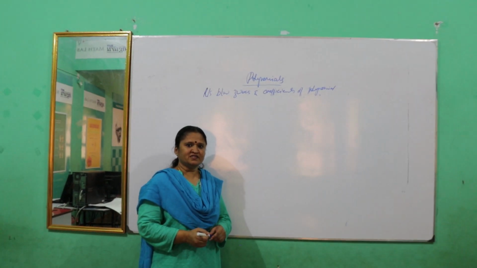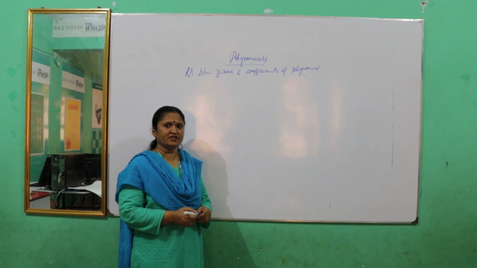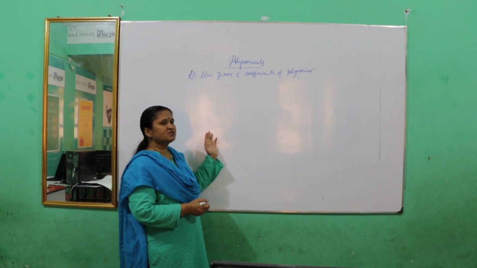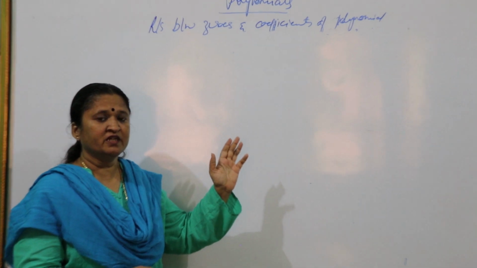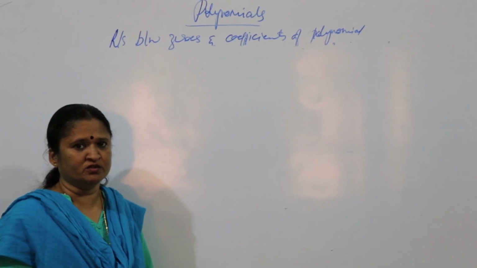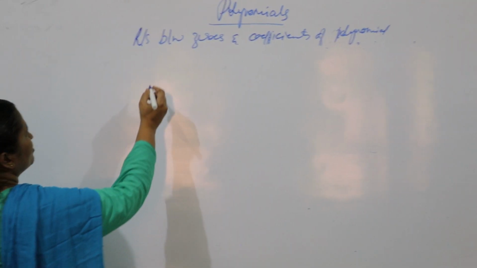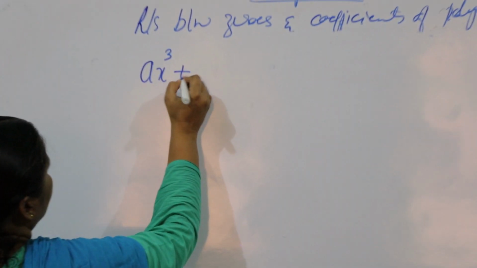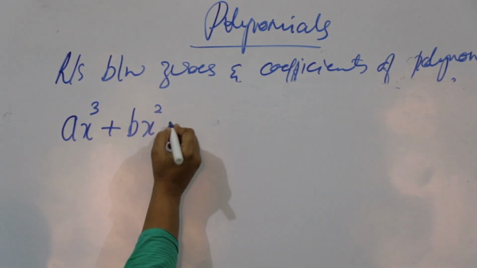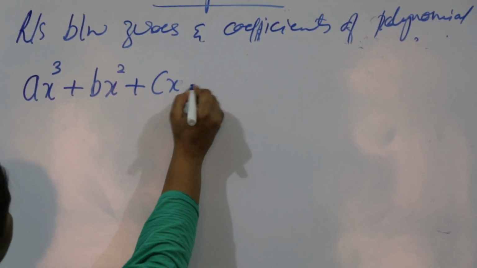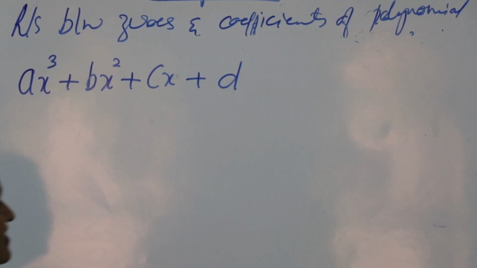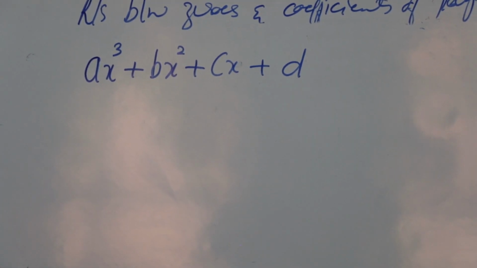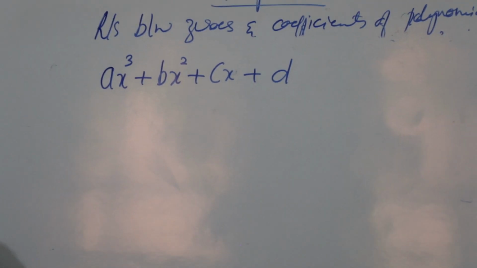Similarly, let us see if we can get this relationship between zeros and the coefficients in a cubic polynomial also. Now the cubic polynomial standard form is ax cube plus bx square plus cx plus d. This is the standard form of a cubic polynomial.